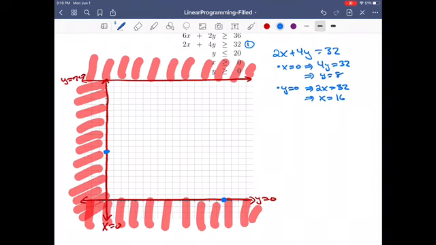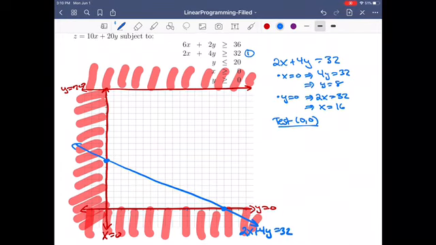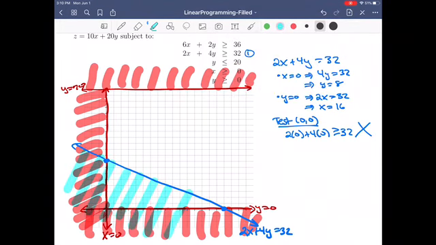So there's 16. Okay, so we draw that line. Okay, again, I'm going to test 0, 0. So it's going to be 2 times 0 plus 4 times 0 bigger than or equal to 32. Okay, that's wrong. So I want to shade the side that has 0, 0. Okay, so all of this is gone.